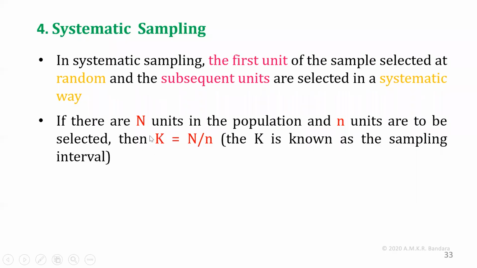First, you have to identify your sampling interval. Then, within the first sampling interval, you select an individual randomly. So, you divide your population into sampling intervals. Within this first sampling interval, you select one individual randomly.